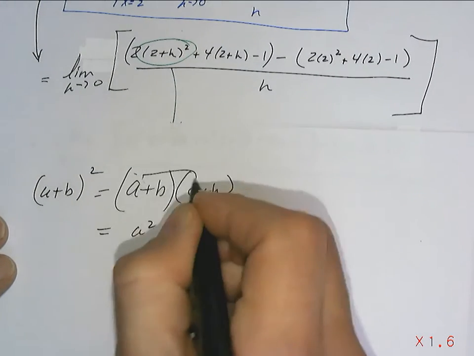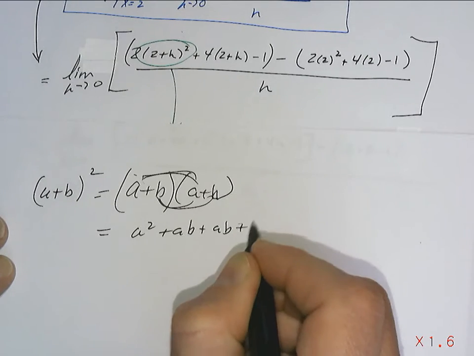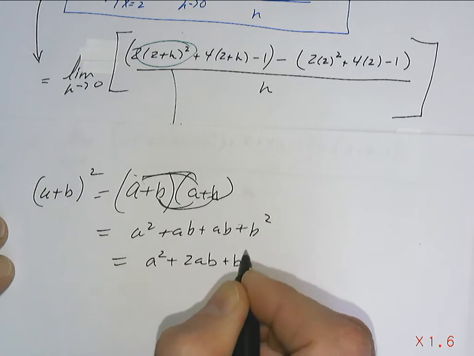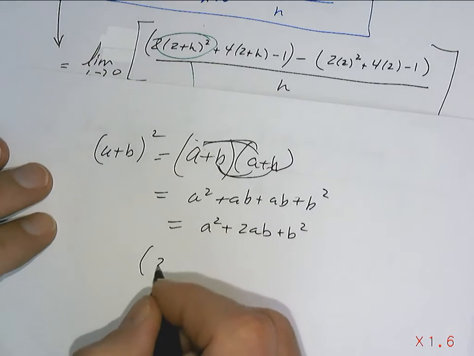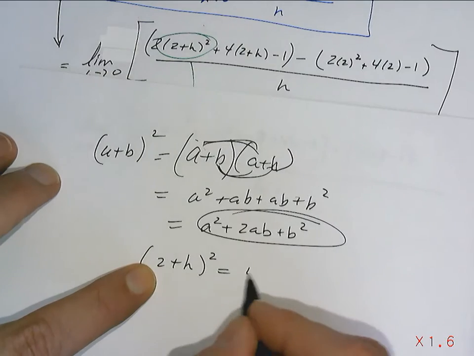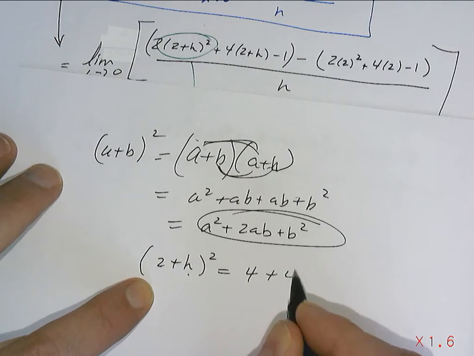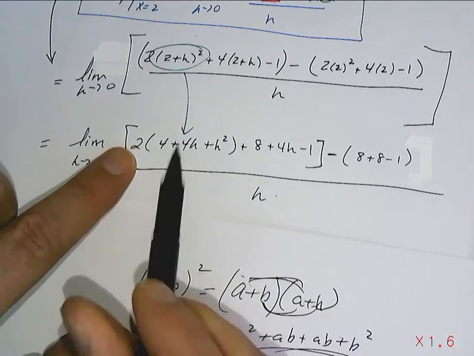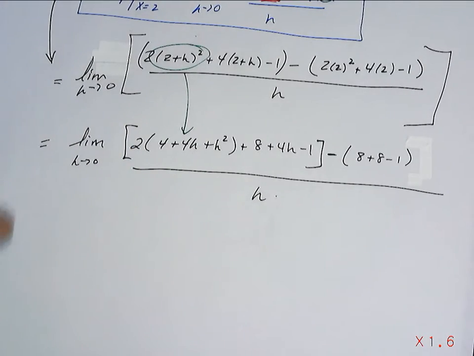That's a squared plus ab plus ab plus b squared equals a squared plus 2ab plus b squared. I will never ever show you this again. This is my last time showing it to you. So if I have 2 plus h squared, I'm going to follow that pattern. 4, a times b is 2h times 2 is 4h, and the last term squared, which is what I did right here. So saves a lot of time if you know what you're doing in there.